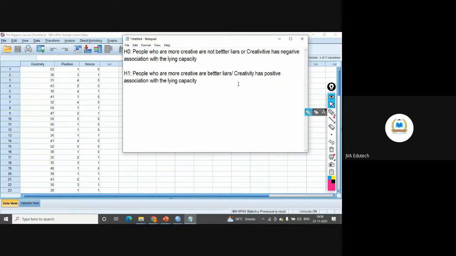Is this clear? Sir, in this null hypothesis, you wrote that creativity has negative association with the lying capacity. Or no relationship. You can say no relationship, no association. Here you are saying creativity has positive association, or there is association. Is that clear?